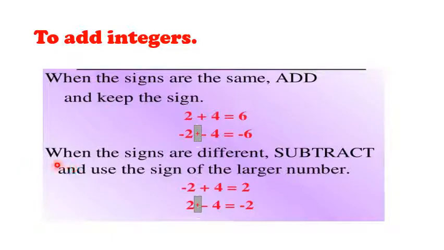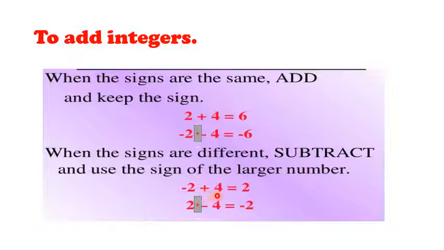The second case, when the signs are different. When the signs are different, we subtract and use the sign of the larger number. So I would subtract the two integers and use the sign of the larger number. For example, I have negative 2 plus 4.